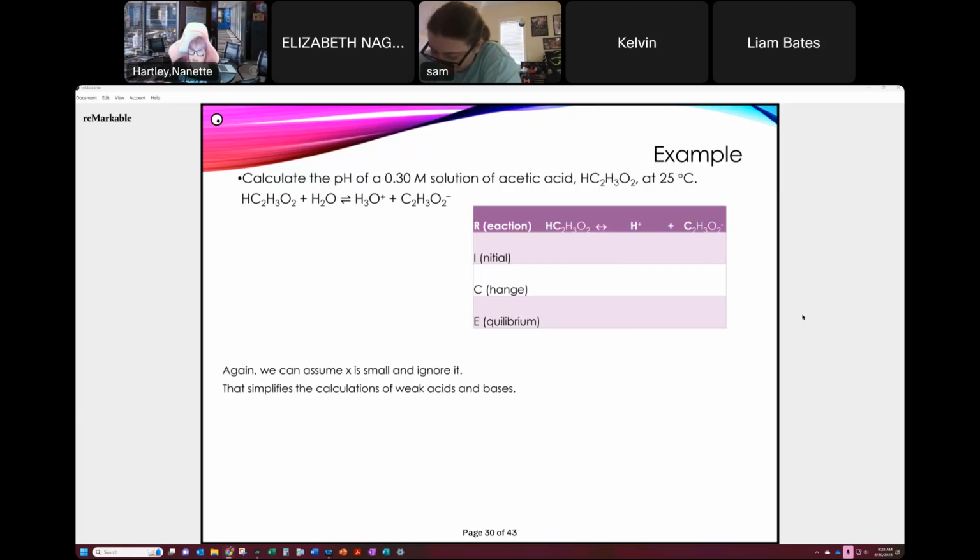So calculate the pH for a 0.3 molar solution of acetic acid, HC2H3O2, at 25 degrees. I took the liberty of writing this equation this way, including the H2O liquid, just as a reminder that that's what we're actually dealing with. Since this is a liquid, it doesn't appear in my table, which is why I write it like this.